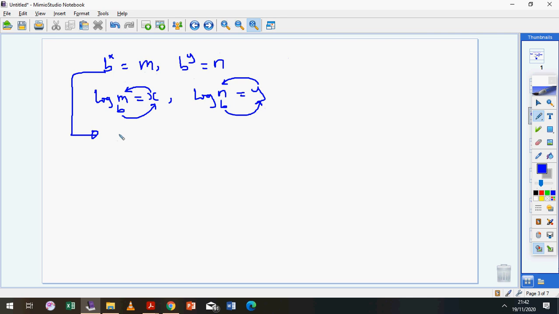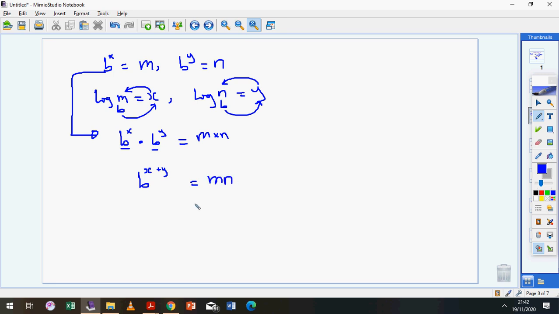So if I multiply b to the power x times b to the power y, then on this side I'm going to have m times n. This is the same base, and according to the laws of indices, if the base is the same and I'm multiplying, then I can add the powers. So that's b to the power x plus y is equal to m times n, which is just mn.